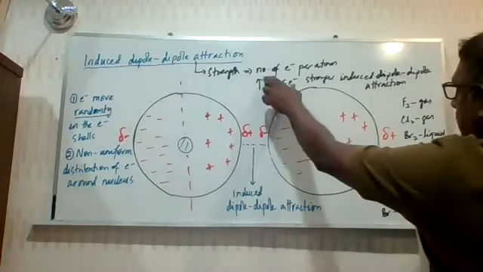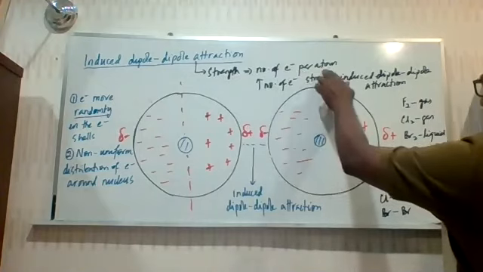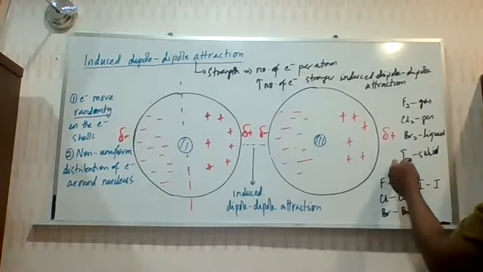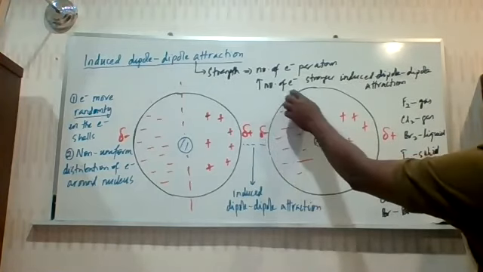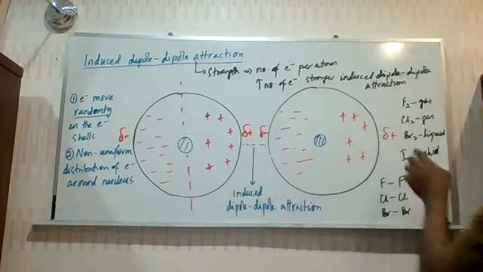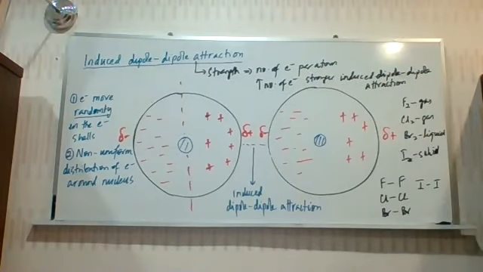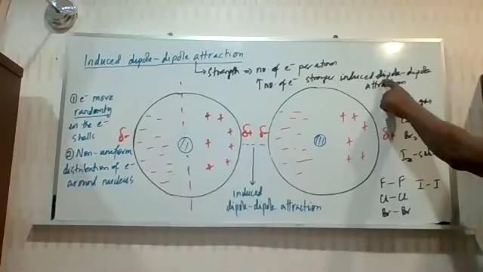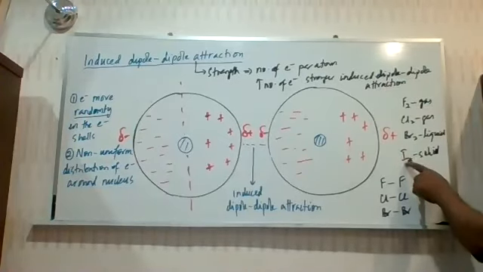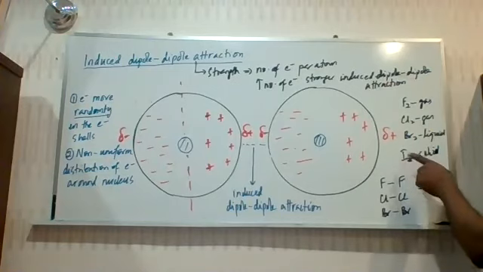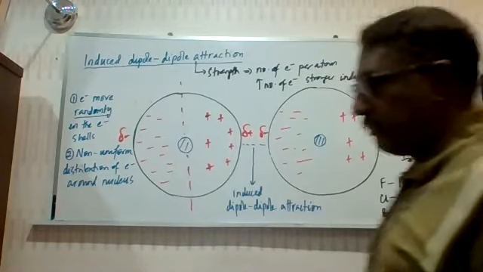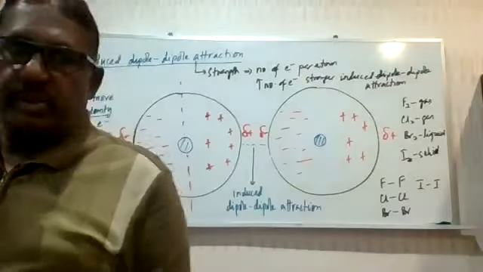The number of electrons per atom increases as we go down group 17, and therefore the bigger the number of electrons, the stronger is the induced dipole-dipole attraction. That is why the intermolecular forces are strongest in iodine, so strong that its melting point is higher than room temperature, making it a solid at room temperature. That's our explanation.